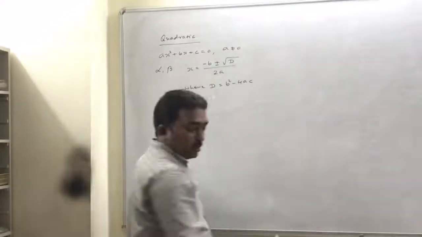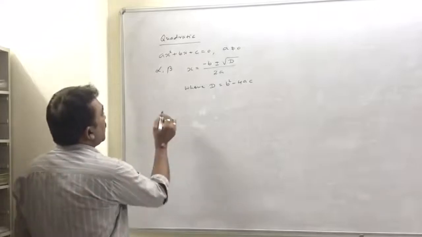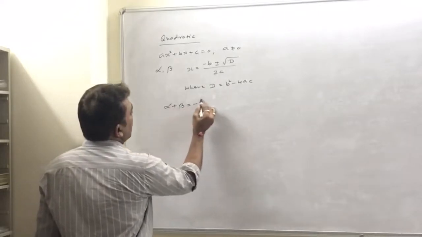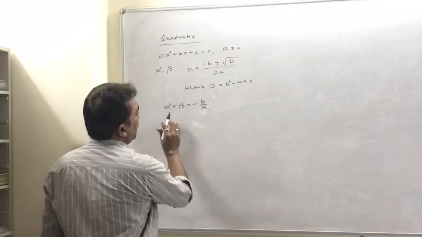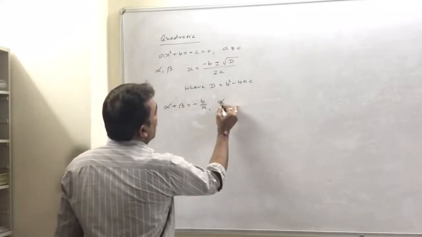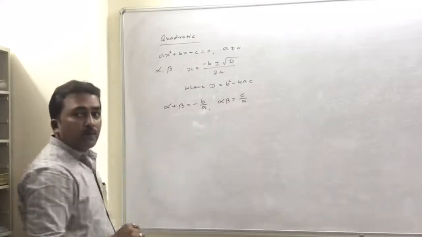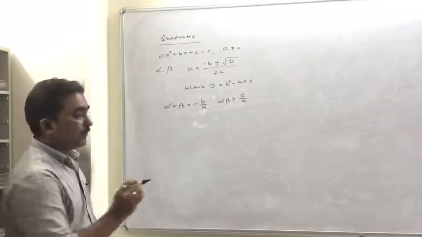Now also we know that for the quadratic equation, alpha plus beta, sum of the roots, is minus b upon a, and product of the roots is c upon a.